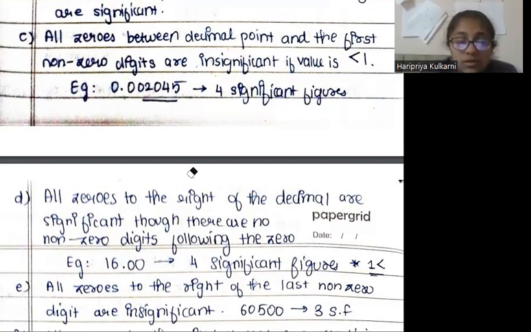What is the first non-zero digit? It is 2. So these zeros are insignificant, not important. What are the 4 significant figures here? These are 2, 0, 4, 5. Again, this 0 is counted between 2 and 4 because it is between 2 non-zero numbers.